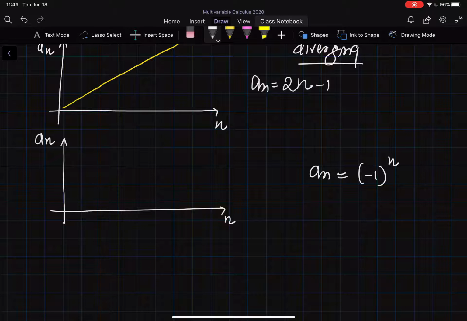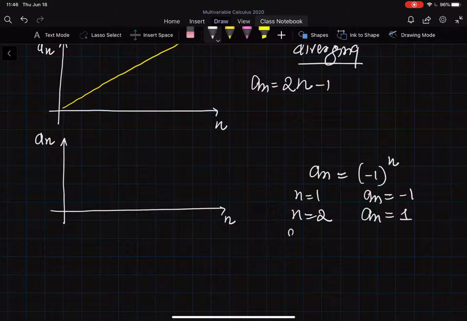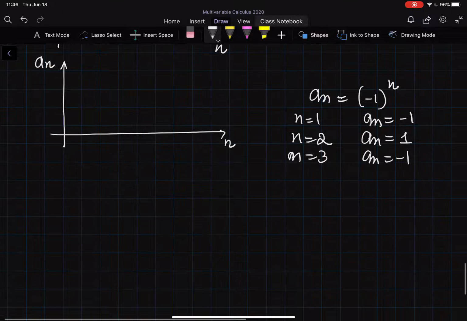In this case, your sequence is going to be, whenever n is equal to 1, a_n is equal to minus 1. Whenever n is equal to 2, a_n is equal to plus 1, n equal to 3, a_n is equal to minus 1, then plus 1 and minus 1 again, and so on. So we can just put those values here like this.